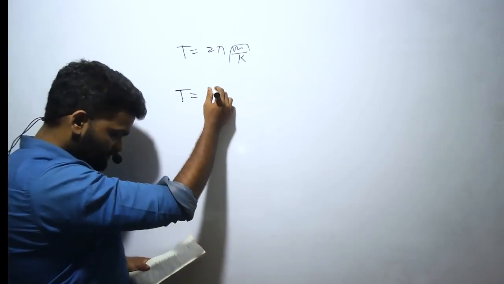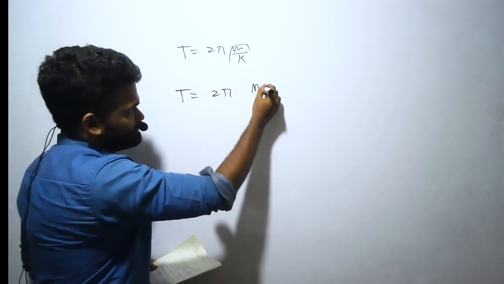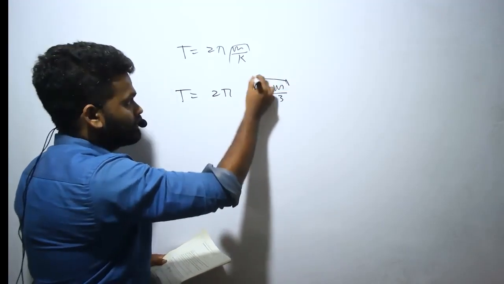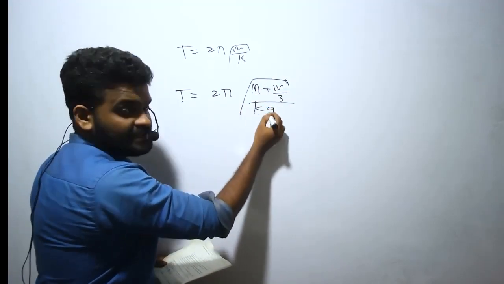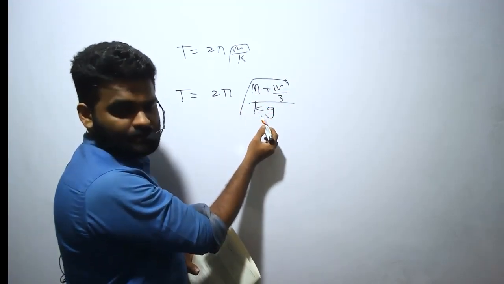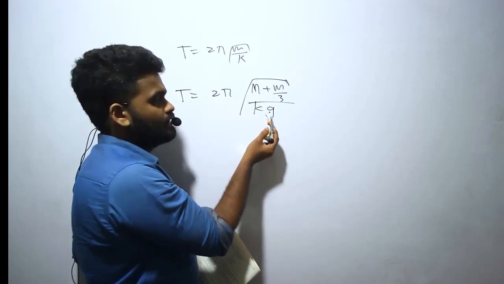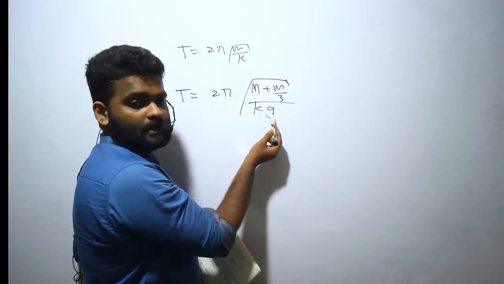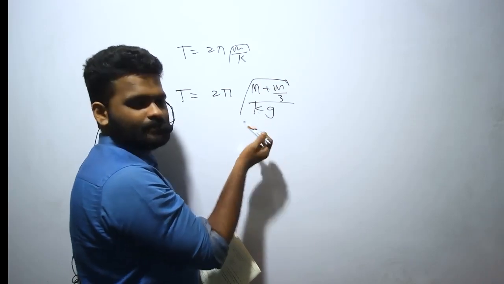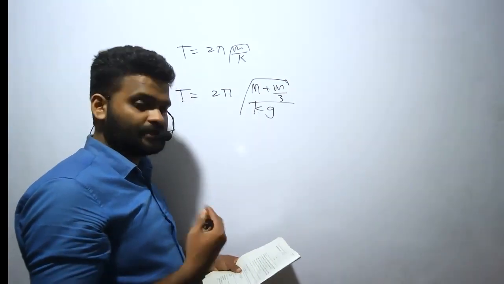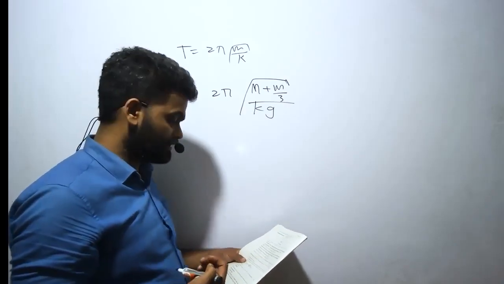Because it is spring constant multiplied by G. Remember, we got the spring constant in kilograms per meter. To make it Newton, you have to multiply by G, right? That's why there's a G here. But you don't have to think about those things. You just take the equation, whatever they say.